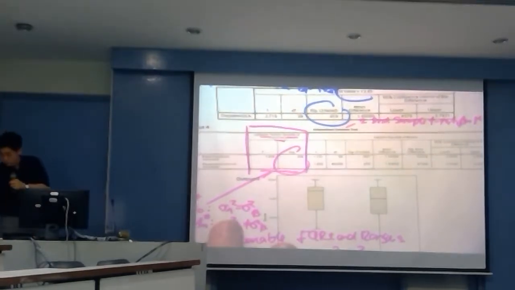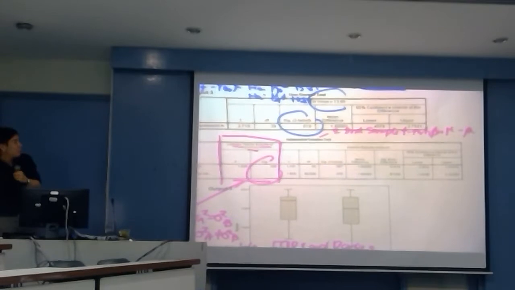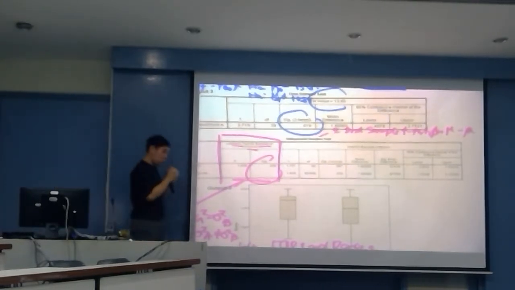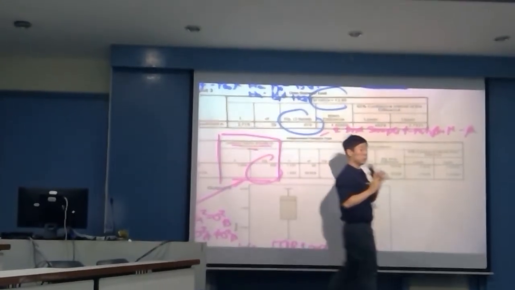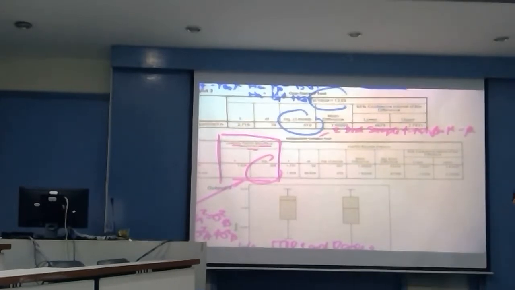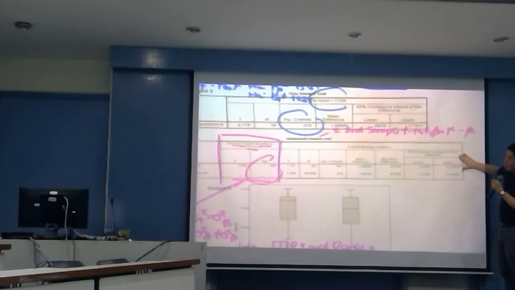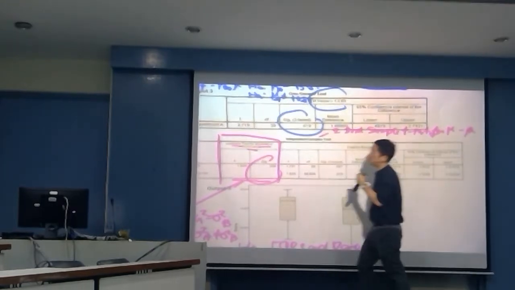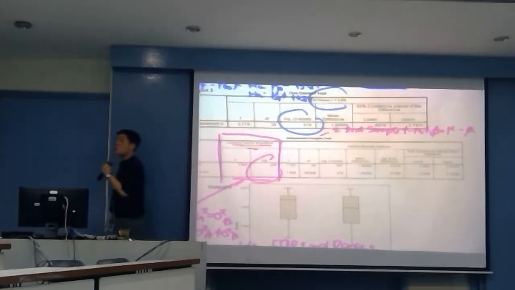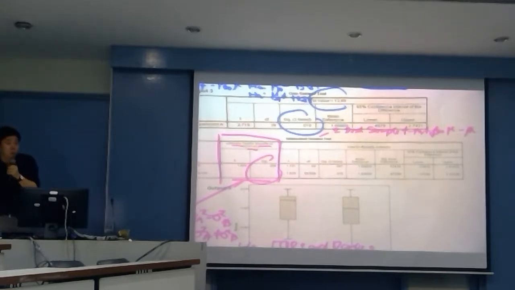Before I write down the subscript, now you have to talk about the difference of two means. Don't write the subscript yet. Let's take a look at the output. Now we need to know which one is subtracted by which one.